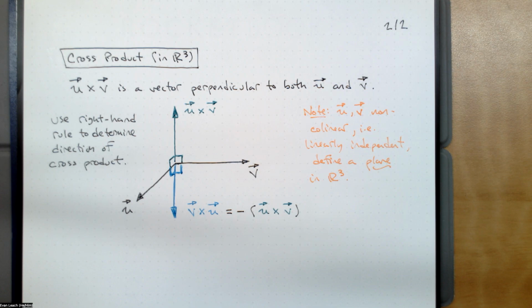I can say this plane is the span of those two vectors. But this cross product gives us another way to define the plane using one vector. We can also define the plane by saying the plane is everything perpendicular to this one vector. We've got two ways to define a plane.